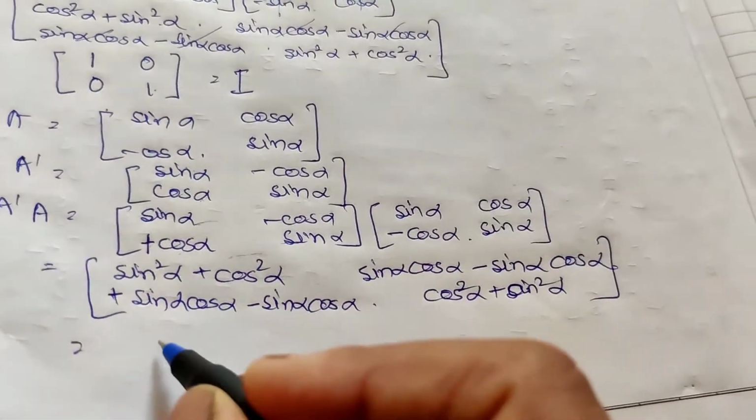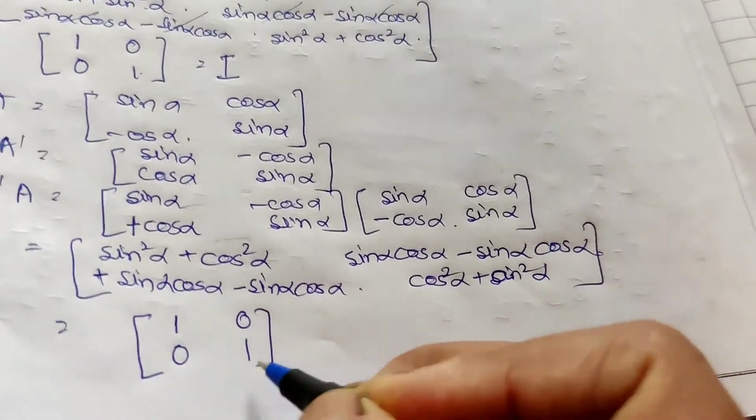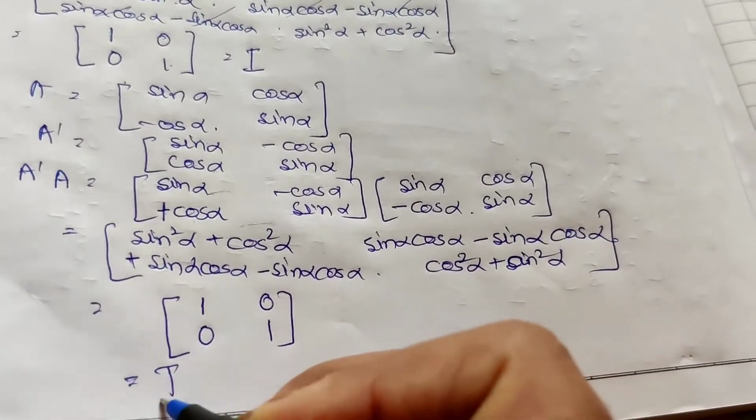It means this is equal to 1, 0, 0, 1, equal to I. Hence proved.